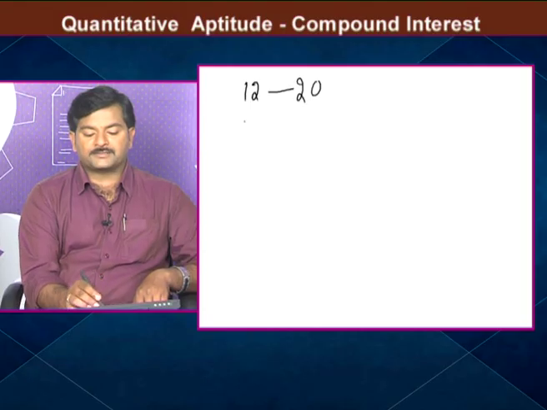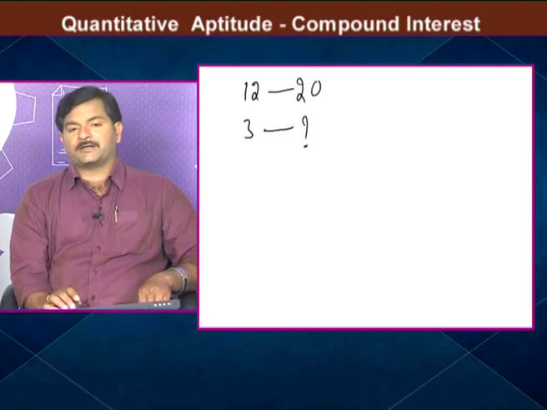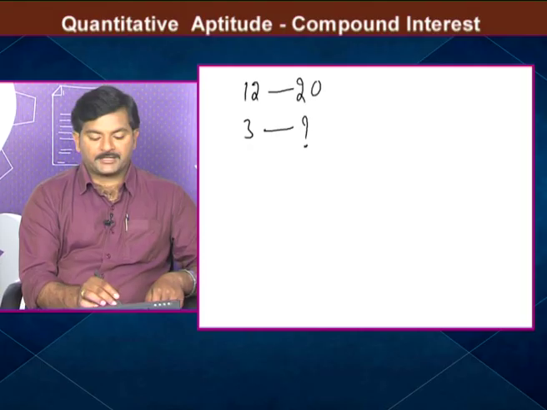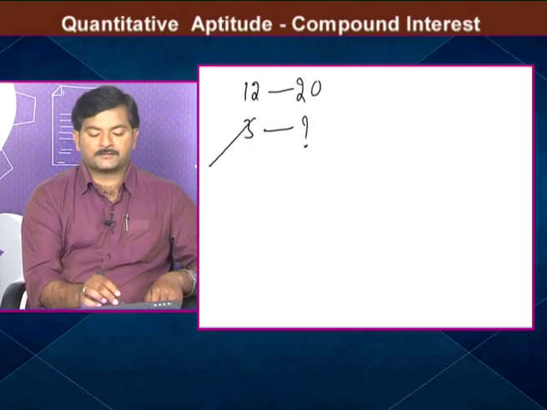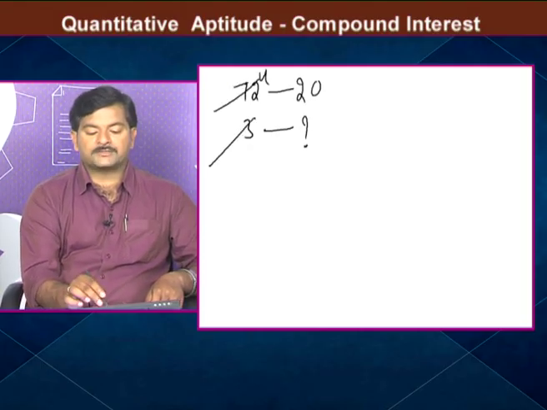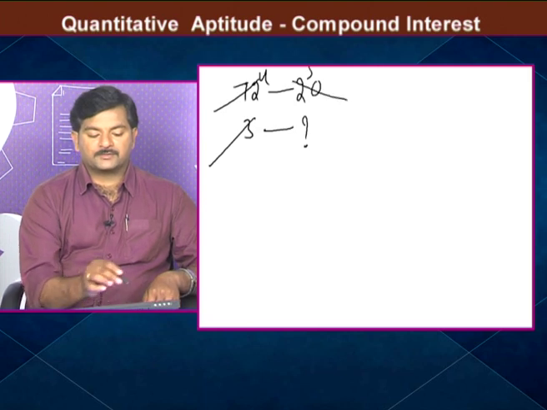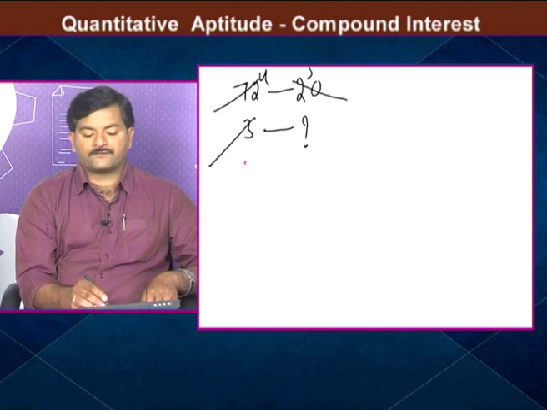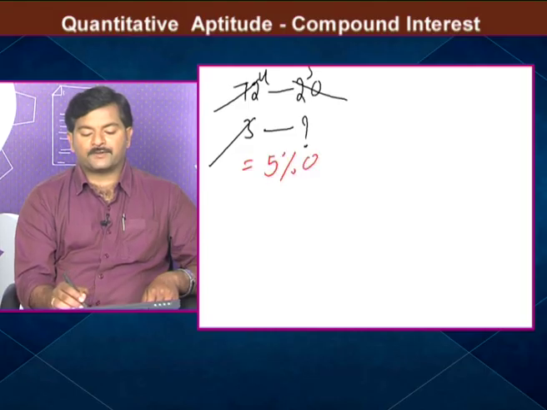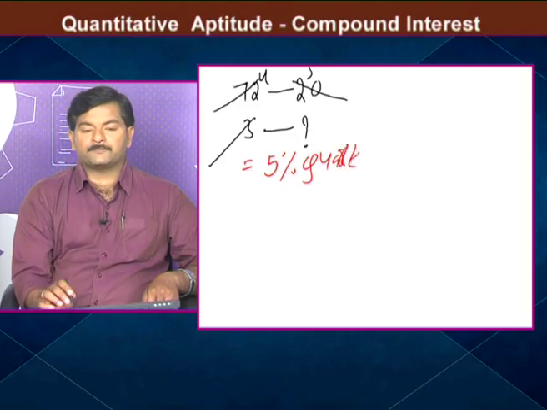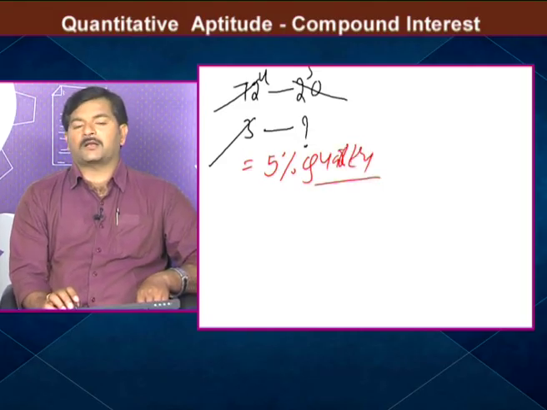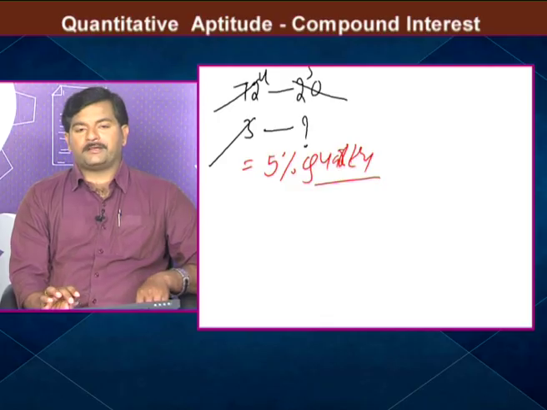Then for 3 months what is the rate of interest? 3 1s are 3, 3 4s are 12, 4 1s are 4, 4 5s are 20. So the rate of interest is 5%. This is only quarterly, not yearly.